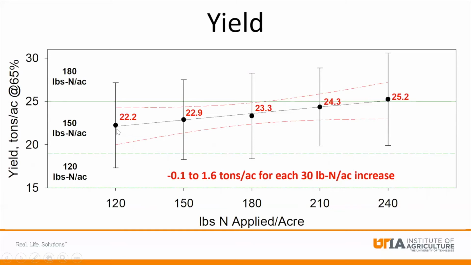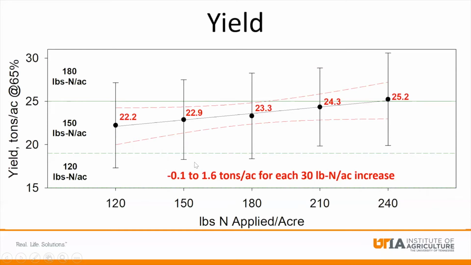And you can see that the global average ranges from 22.2 up to 25.2 tons per acre at 120 and 240 pounds of nitrogen per acre. I have our current tiers of nitrogen recommendations. 15 to 18 is 120, 19 to 25 is 150, and then 25 and above is 180. So this would normally be what we would recommend for these yields.